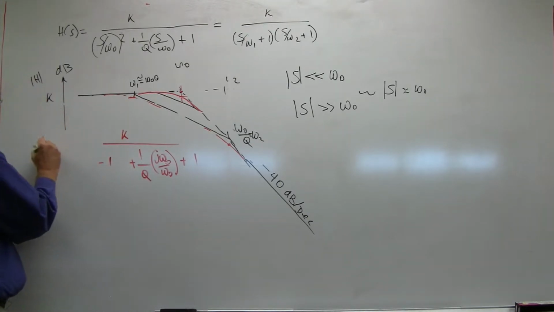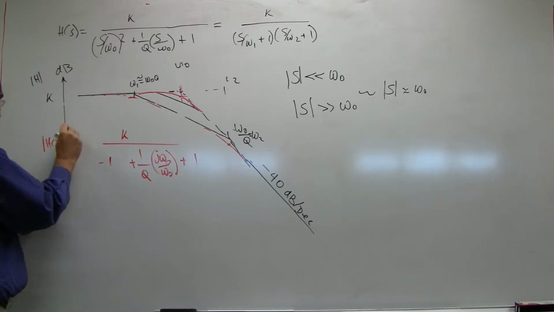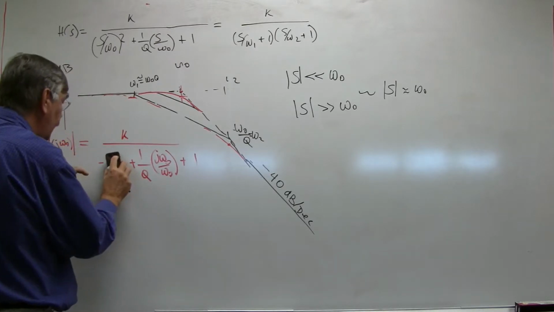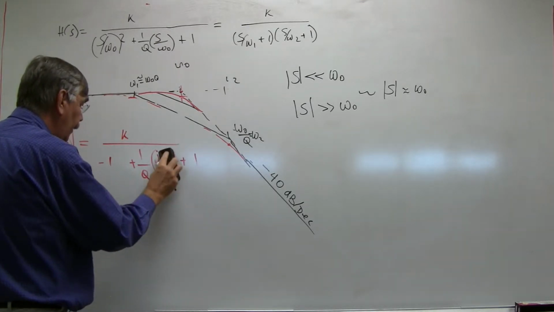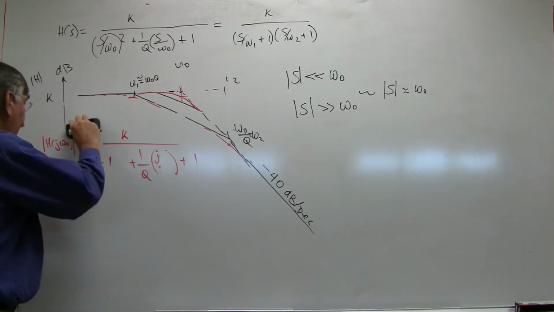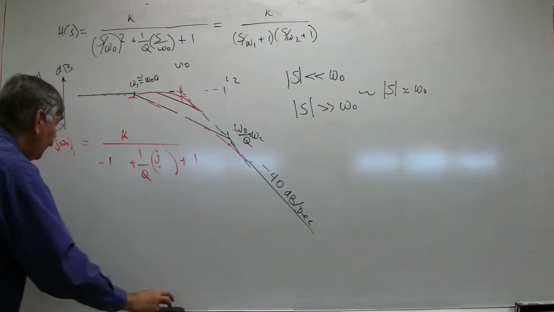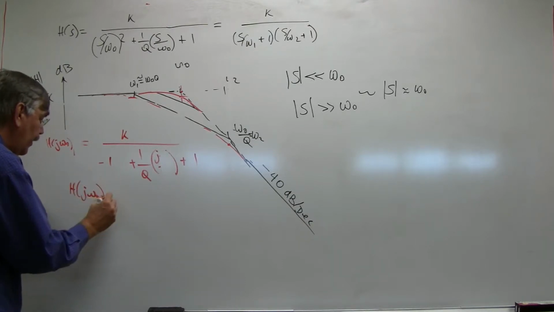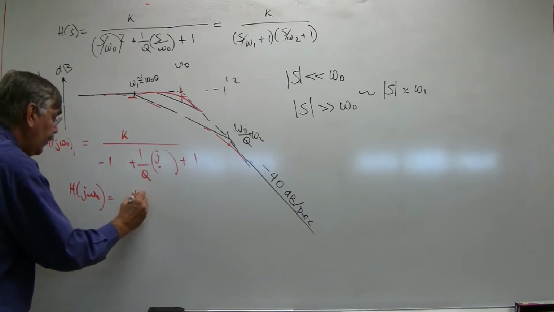So I'm evaluating the magnitude of H(s) at S equals j omega. This becomes minus 1, this becomes plus 1. Those two guys are going to cancel. This one becomes just j, and this transfer function, H of j omega, is k.